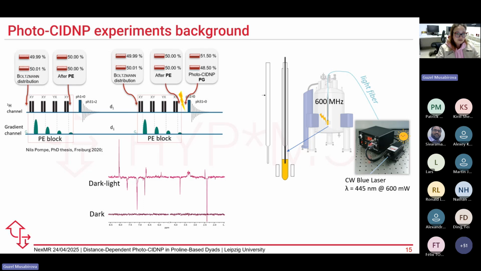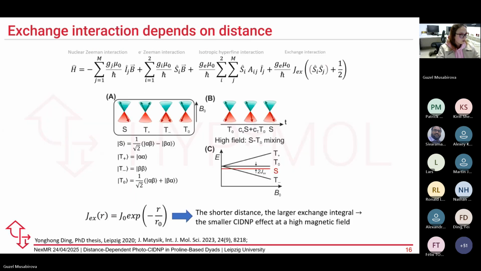From the theory, we expected that our CIDNP intensity will strongly depend on the exchange interaction, because exchange interaction depends on the distance between two radicals, and it decays exponentially.